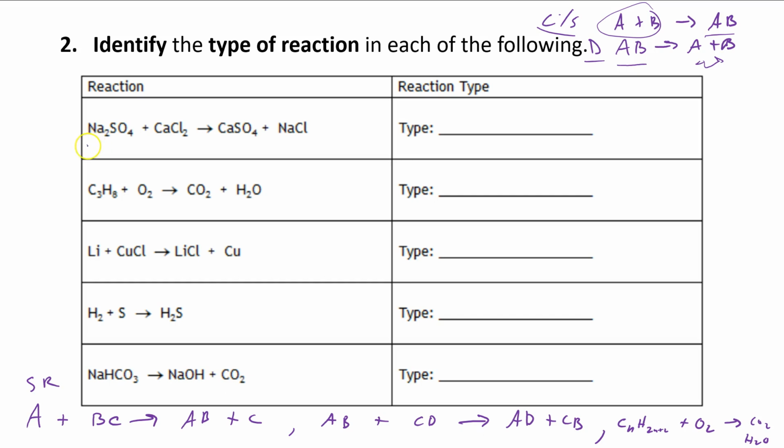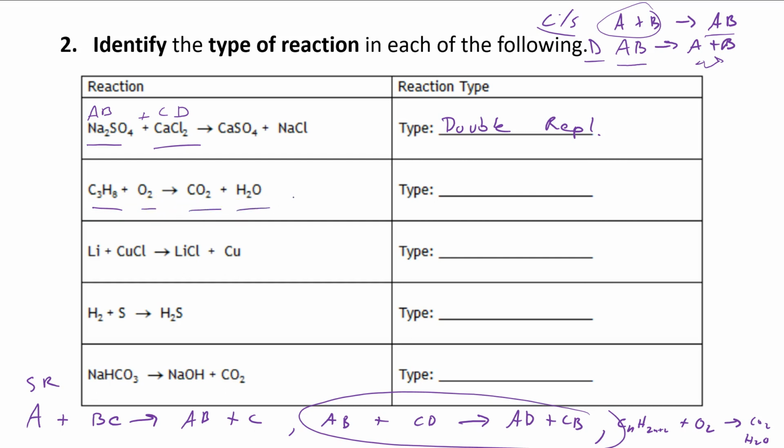So what I see is a compound and a compound. So I'm going to call this an AB plus CD, right? There's really only one reaction type that matches that, so that would be double replacement, right? Second one, we have a hydrocarbon and oxygen gas producing CO2 and water.